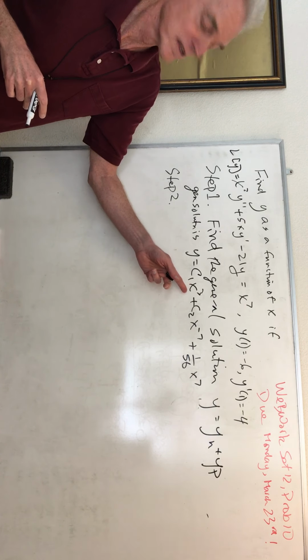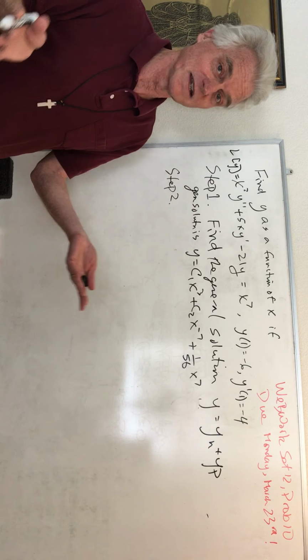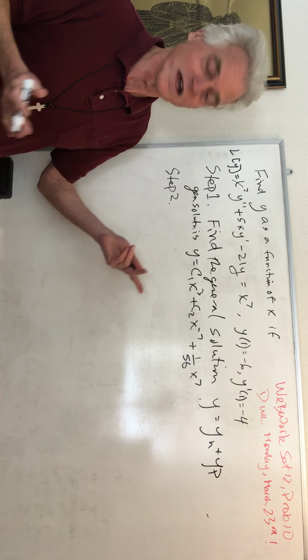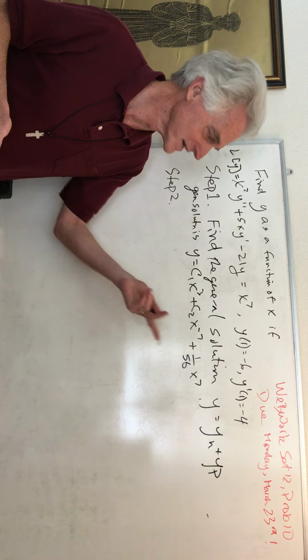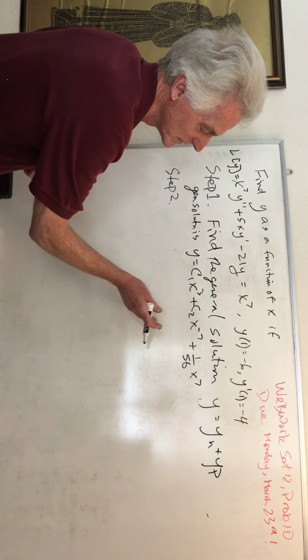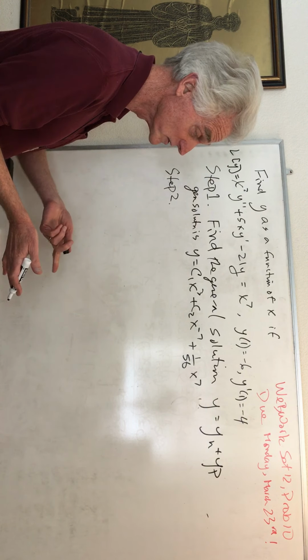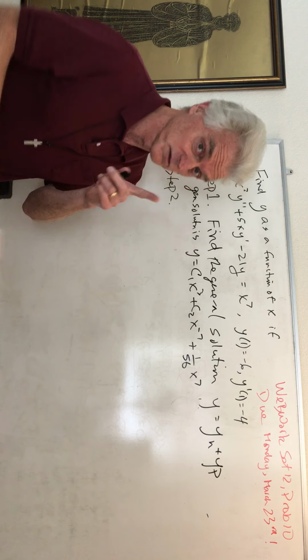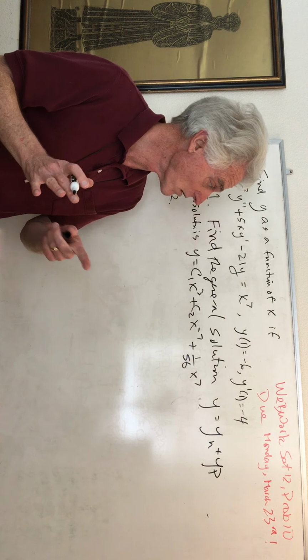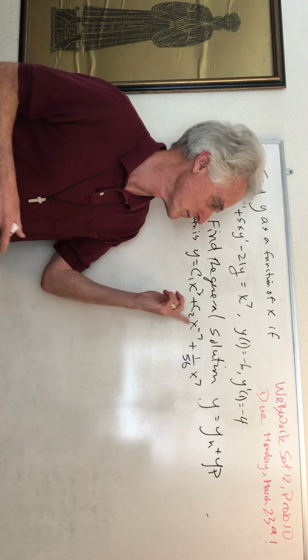Evaluating all of these powers of x at x equals 1 is simple, right? 1 to the 3 is 1. 1 to the minus 7 is 1, right? So if I had to evaluate this at like x equals 2, I'd get really gross numbers. But even worse, if I wanted to evaluate this at x equals 0, I would have 0 to the minus 7 undefined. Bam! Can't divide by 0.